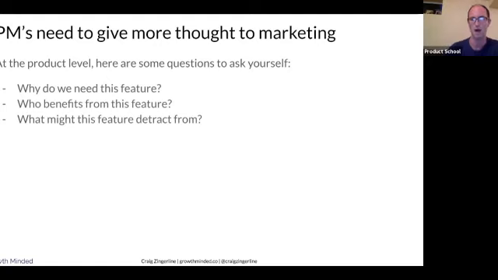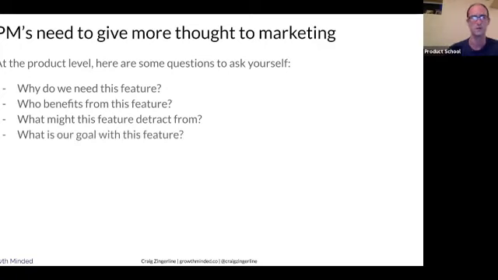It's not uncommon to launch something that solves a particular problem or pain point within your product, but there are unforeseen circumstances where that might detract from something else that you have out there in the wild. So you need to think through, by launching this feature, what are the potential downsides, and what metrics may it negatively impact? It's that reverse thinking that you need to apply there.